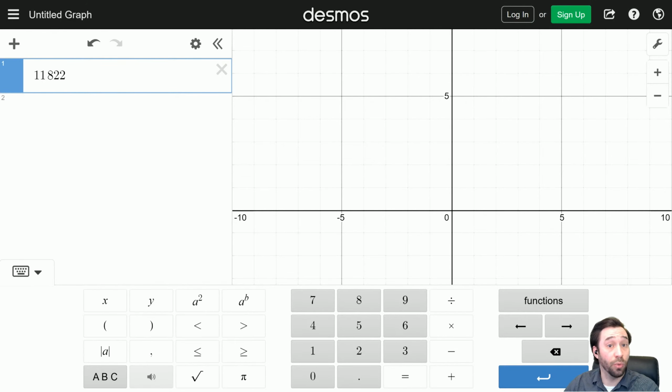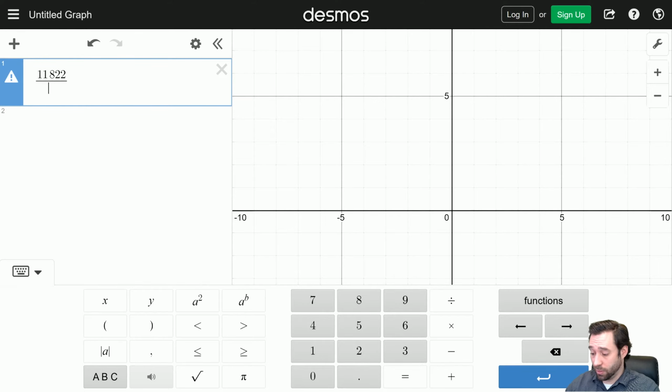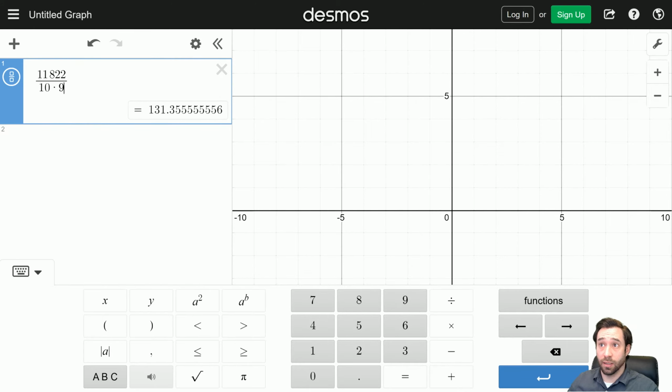Now remember, don't put the commas into Desmos because it will mess it up. And then in this case, I don't need the parentheses because there's only one thing in the numerator. So I do 10 times 9, and I get approximately 131.355. This is going to be in meters.